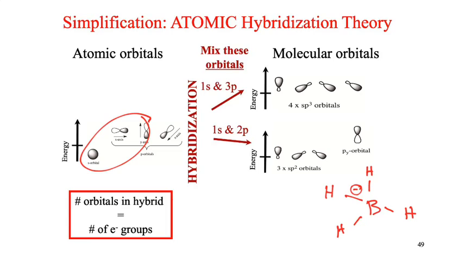Is that the same thing with breaking octets, but the orbital? Breaking octets is a different thing. Because breaking an octet means you're putting in more than 8 electrons. Right. How many electrons can I fit in this? 8. How many can I fit in the sp3? 8. So when you're breaking an octet, you're saying, I'm going to put 2 more electrons in.